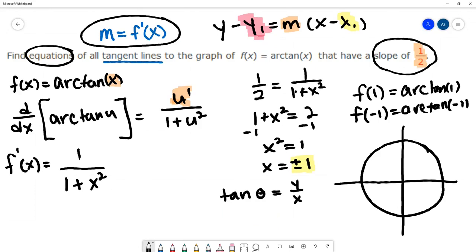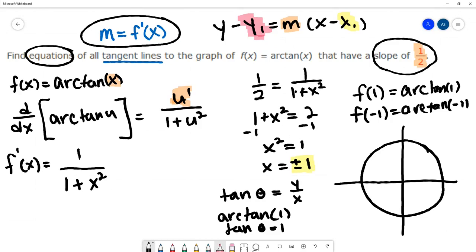And I have arctan of 1. So this means tangent of some angle equals 1. And that's going to happen when the x and y coordinates are equal to each other.